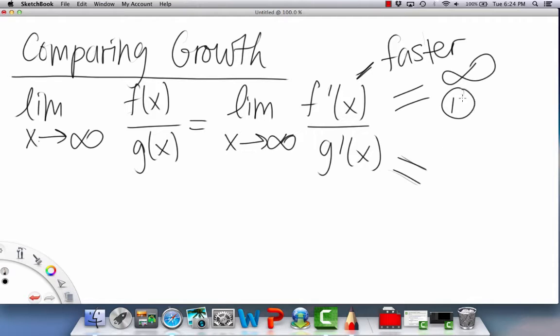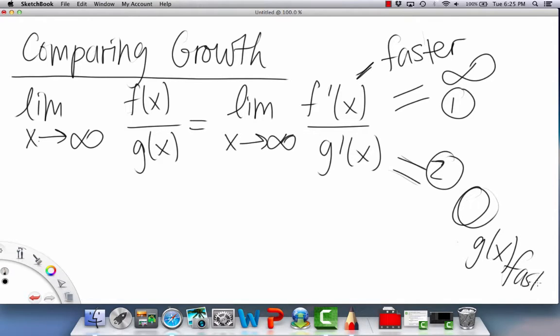This is the first option that could occur, and the second option is when it equals 0. On the other hand, then that means that your g of x is growing faster in the long run than your f of x. Okay, so 0 is when g of x is faster.